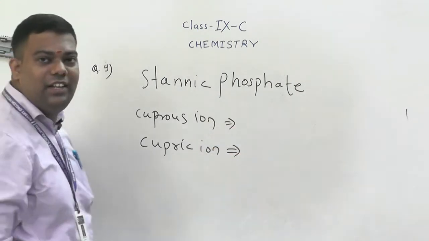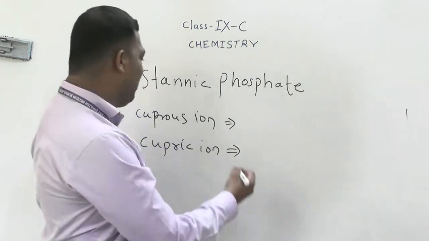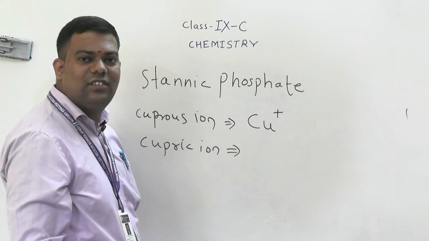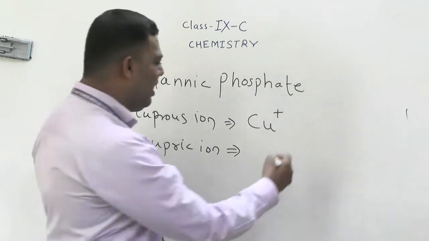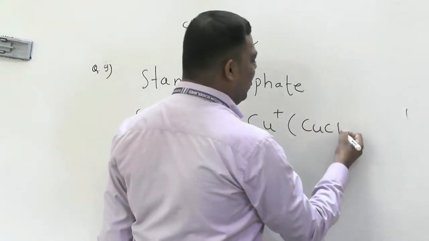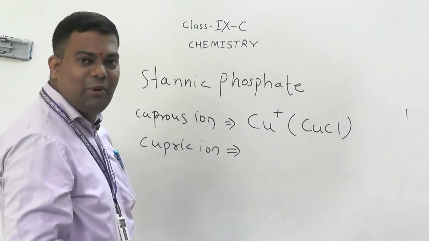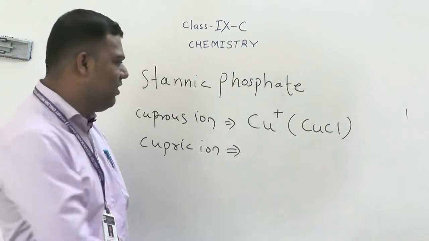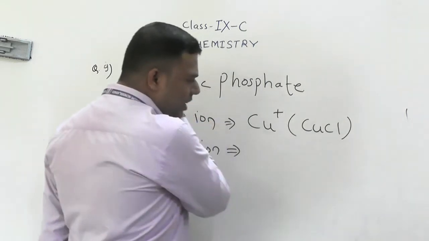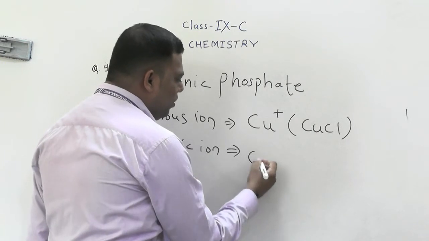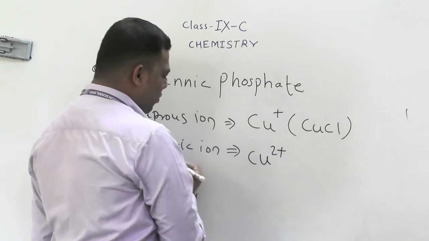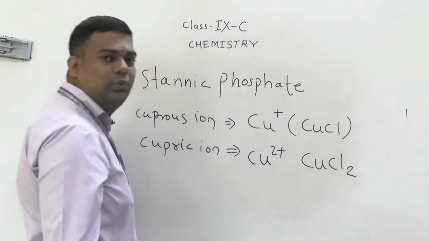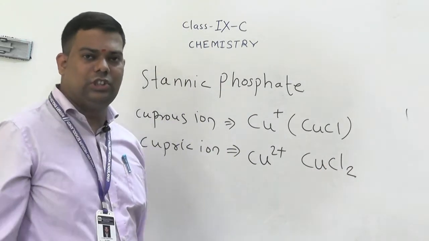Keep in mind that cuprous is Cu+, and from that we get the formula CuCl. Whenever we say Cu2+, that is the cupric ion, and you know the formula is CuCl2.